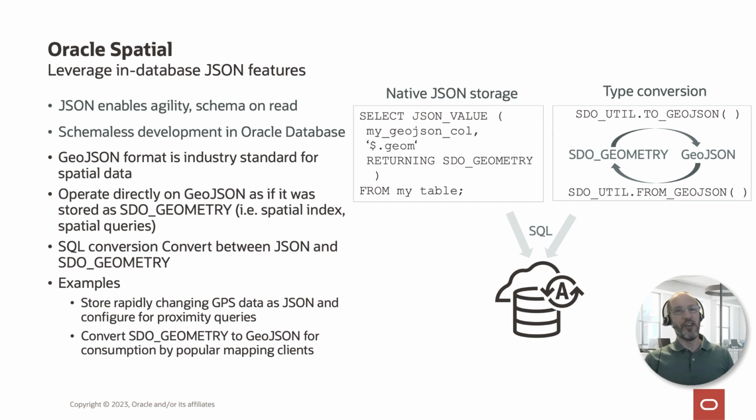So for any query that you write, anything that would return JSON, you can apply a function or a method and have that result seamlessly returned as GeoJSON in order to hand off to a developer that's going to consume it. And from the other direction, any input to a spatial query that's coming in JSON or GeoJSON format can be seamlessly transformed to our native geometry. So the bottom line is that it's a very fluid transition to be able to work back and forth between working with JSON and working with our native spatial format.